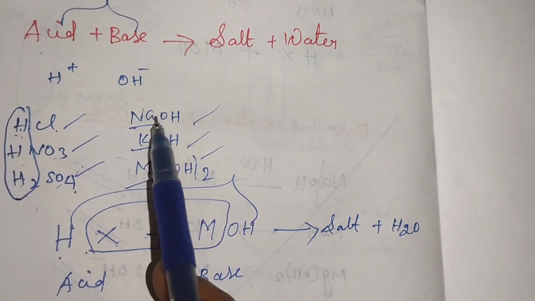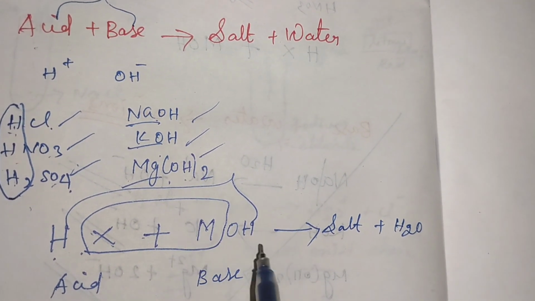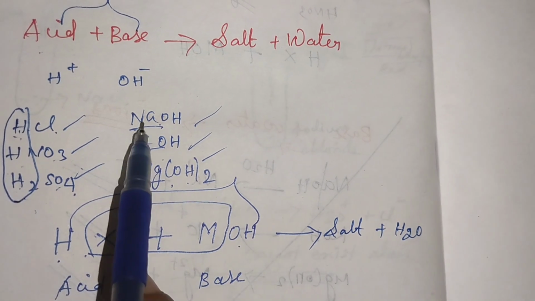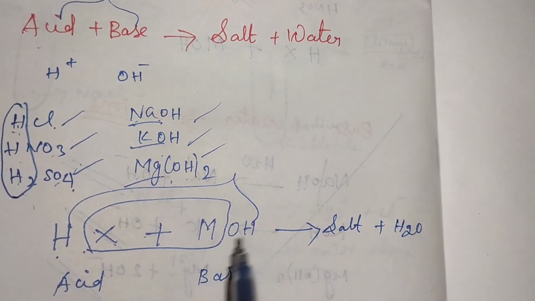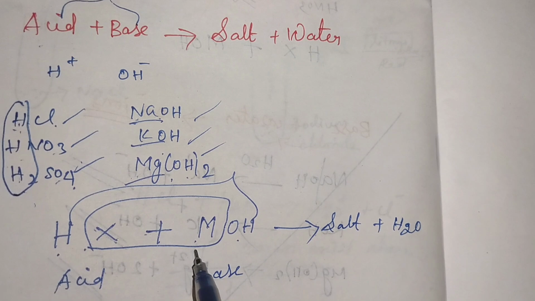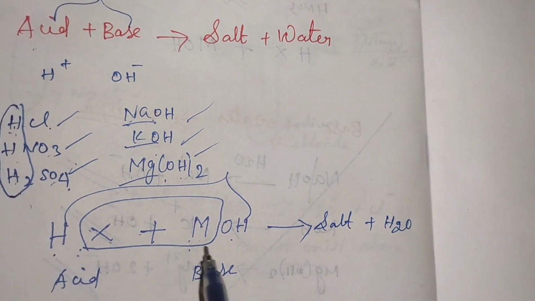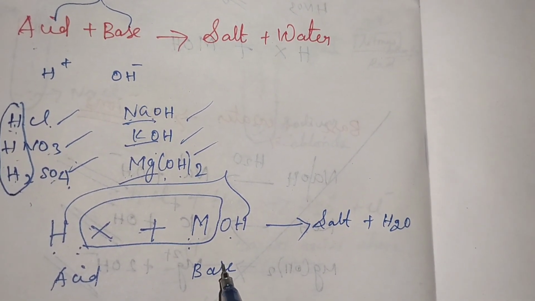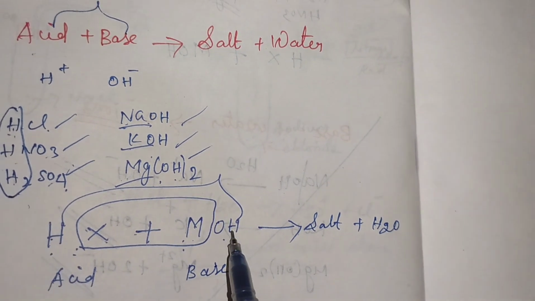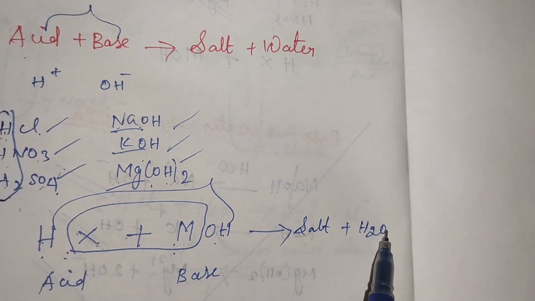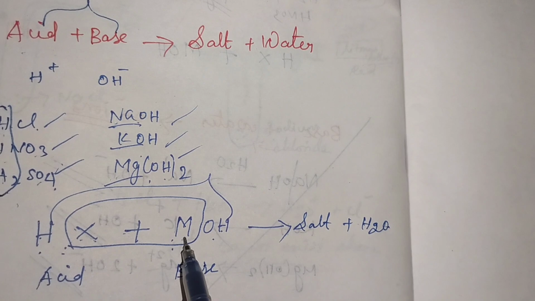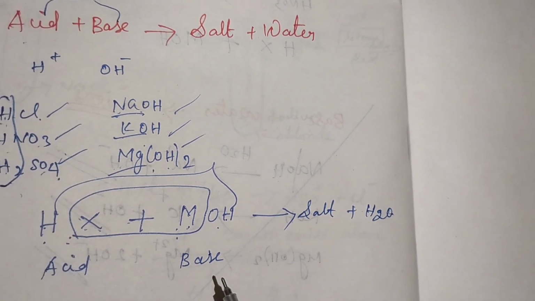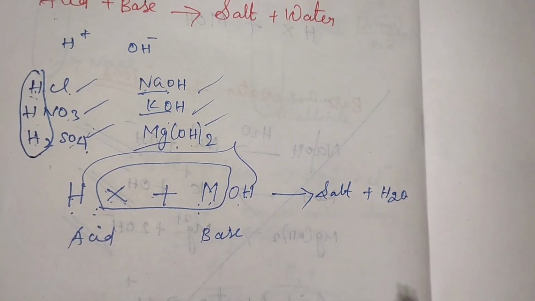What is common in bases? The hydroxide ion, so I am writing here OH. Instead of sodium, potassium, magnesium, I am writing just M. It may be anything. Now when acid is reacting with base, what is coming? This H and OH join together and H2O comes out, plus these two join together and salt comes out. So this is an example.